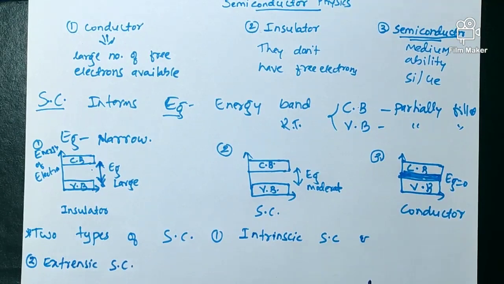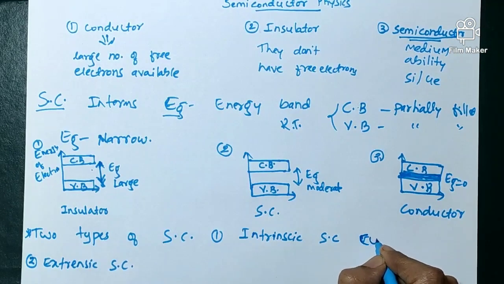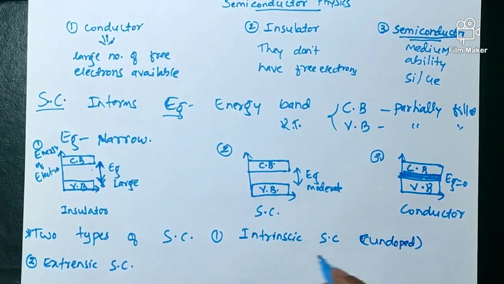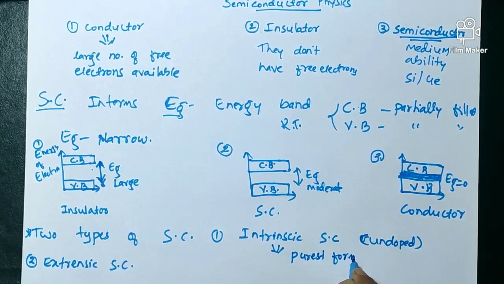Intrinsic semiconductors are the semiconductors in the purest form. We can also call intrinsic semiconductors undoped semiconductors. In an intrinsic semiconductor, the number of conduction electrons is equal to the number of holes.